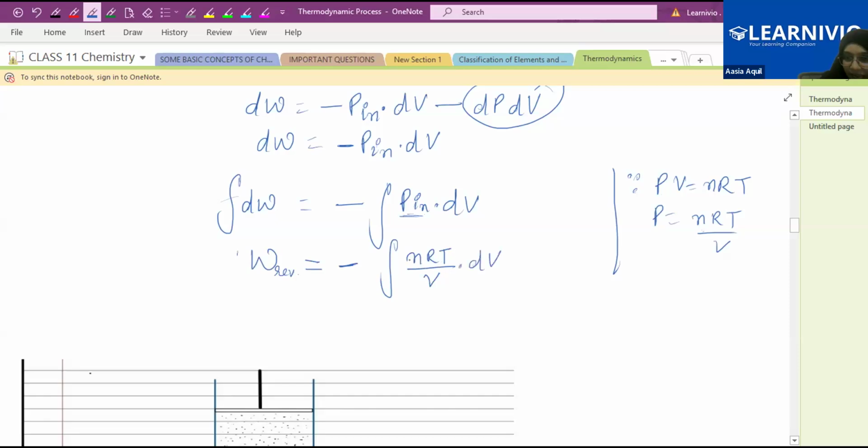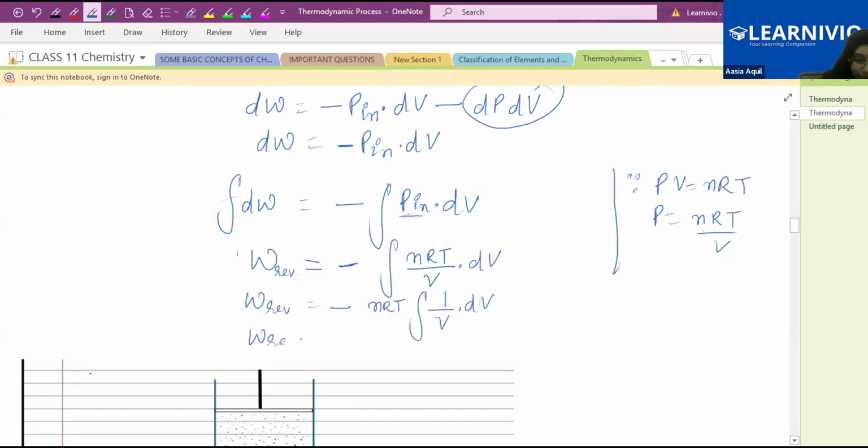Now you can see n, R, T are all constants, so just keep them outside. Take minus nRT outside and just integrate 1 upon V into dV.